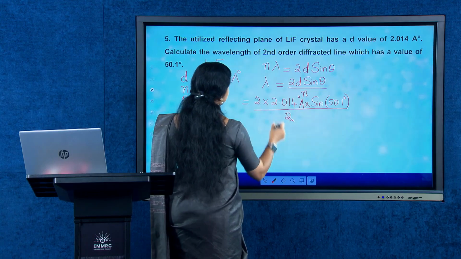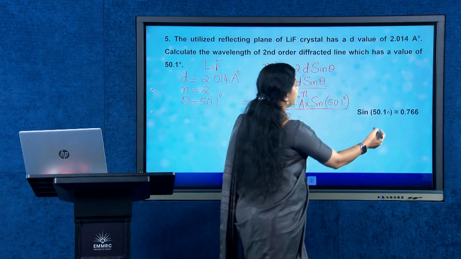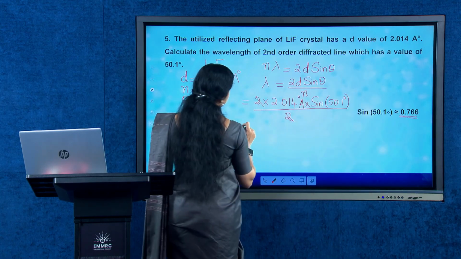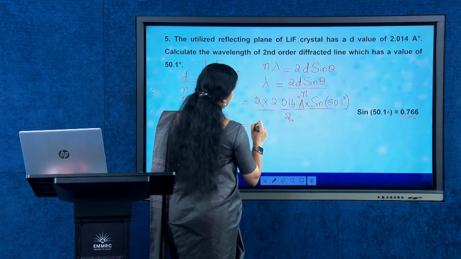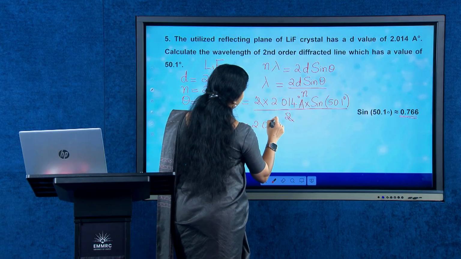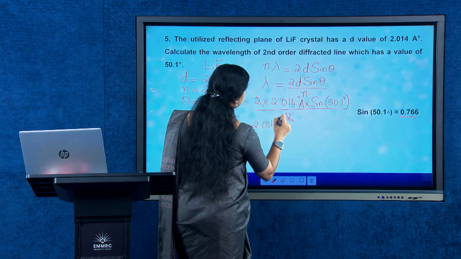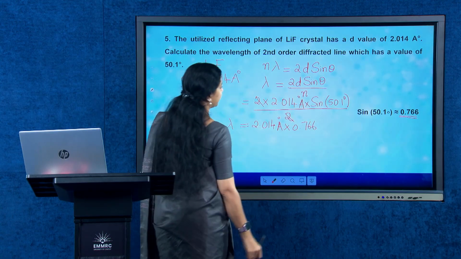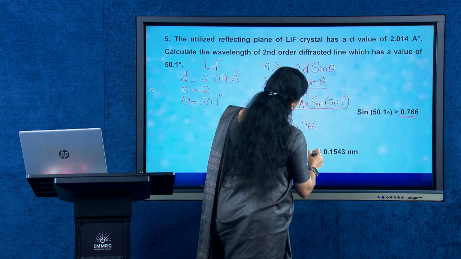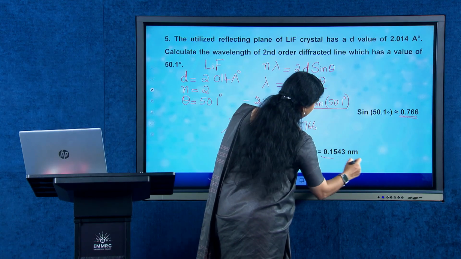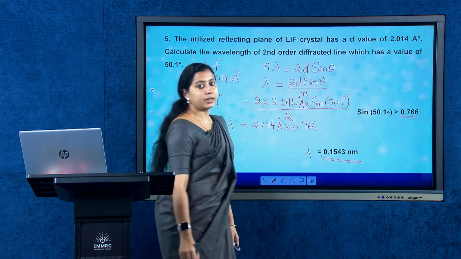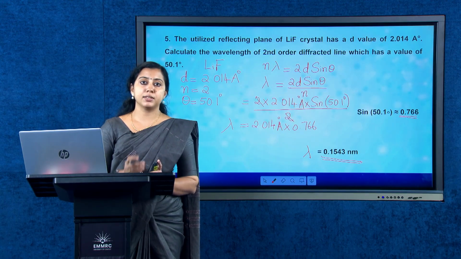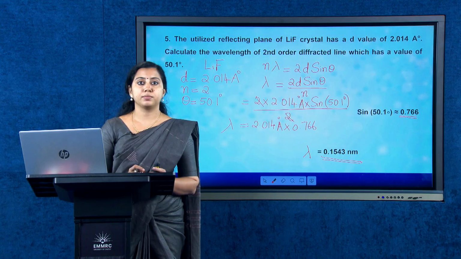So, this will get cancelled off. Sin 50.1 degree is 0.766. So, if we substitute this value, lambda is equal to 2.014 angstrom into 0.766. So, the value of lambda is equal to 0.1543 nanometers. So, we can calculate the wavelength of the X-rays using this Bragg's equation.